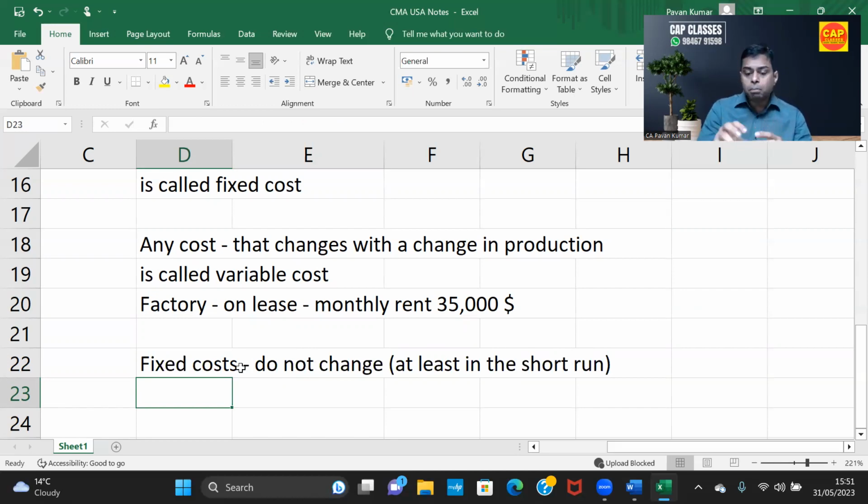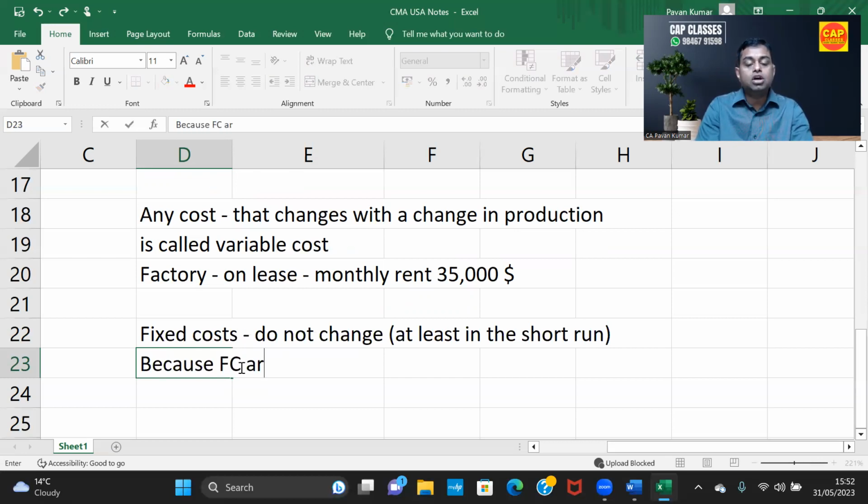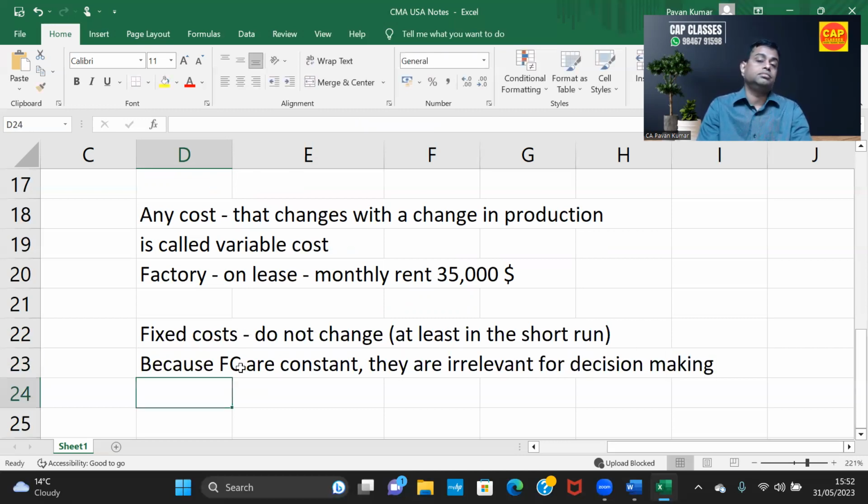But in the short run, month to month, week to week, probably sometimes year to year, these things will not change. This is the reason management accounting says, because fixed costs are constant, they are irrelevant for decision making.